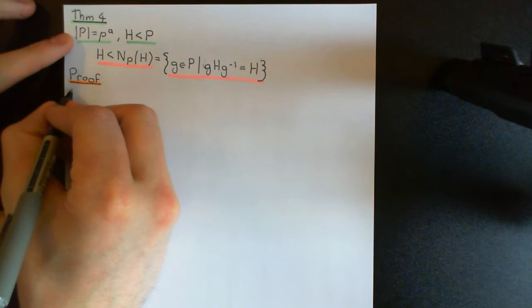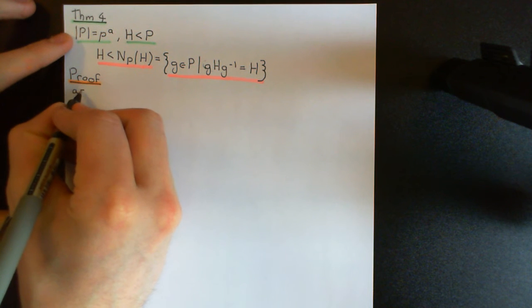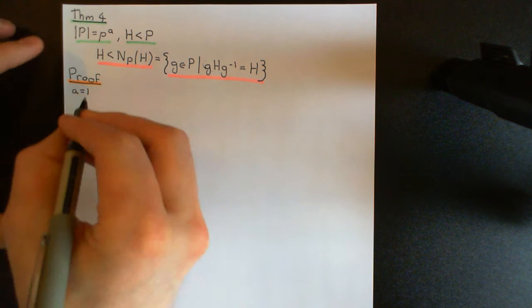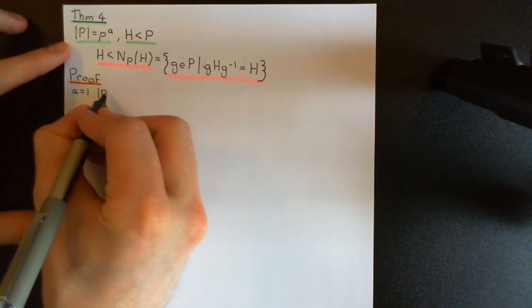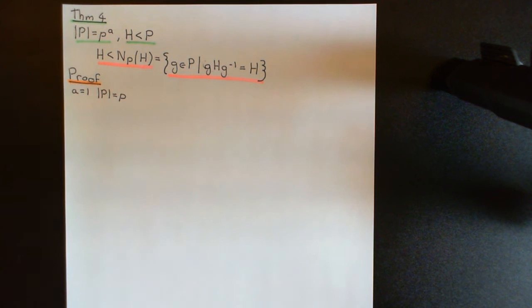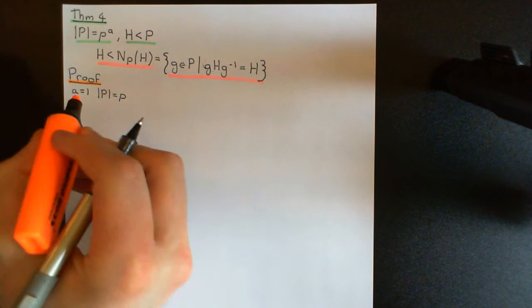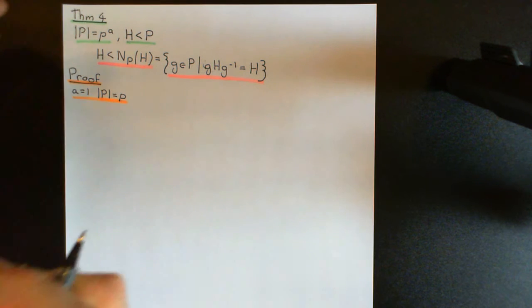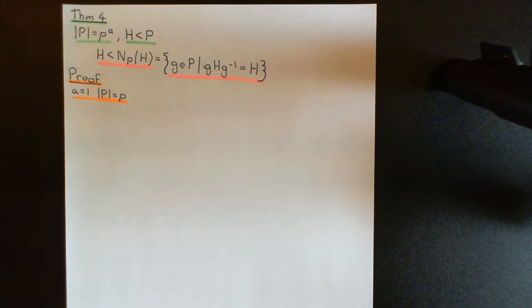So let's start off with the basic case, where a is equal to 1. In that case, our p-group has order just equal to a prime number. I hope you agree that it's trivially obvious then that Theorem 4 will be true, and the reason is that if your p-group has order just equal to a prime number, then any group of order a prime number by Lagrange's theorem has only two subgroups, the trivial and improper subgroup.